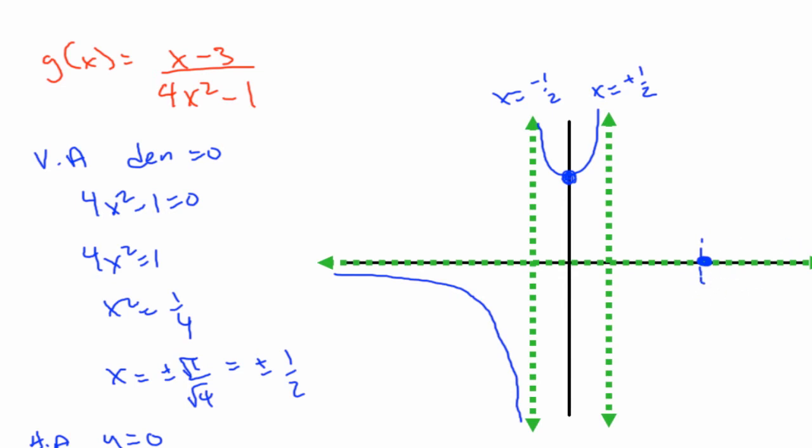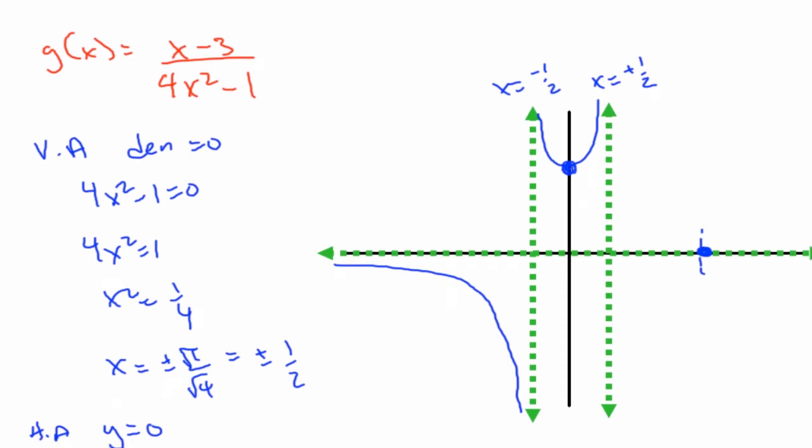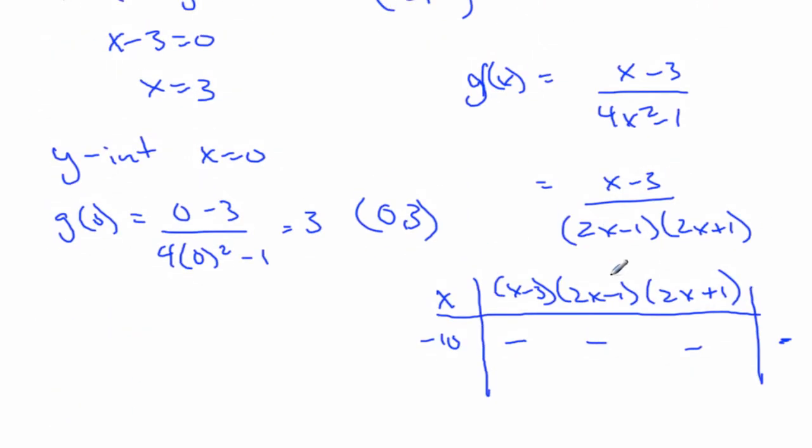And I'm going to use my sign chart to do it. So this is a half, this is 3. A value between a half and 3 is, let's say, 2. I plug 2 in here, I get negative 1. I plug 2 in here and I get a positive. 2 in here, I get a positive, so I know it's negative overall.